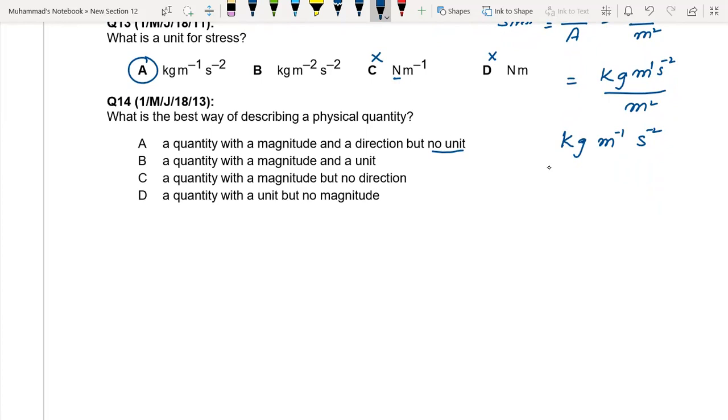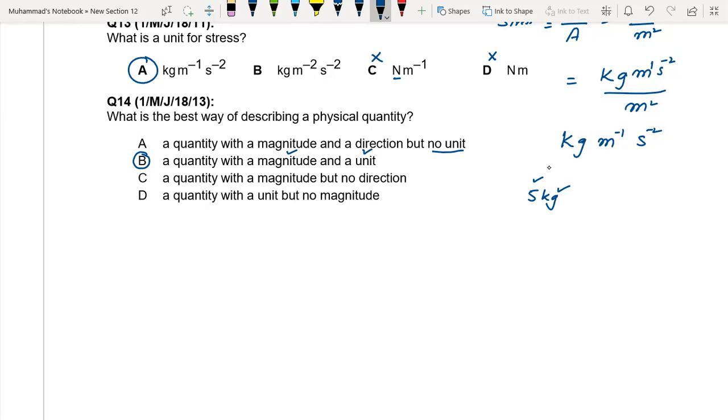For example, if I write that the mass of an object is 5 and I don't put the unit there, then it will be meaningless. So it should be a quantity with magnitude and unit. This is the best way of describing a physical quantity. It should have magnitude and unit. For example, a mass of 5 kilogram: 5 is the magnitude and kg is the unit.